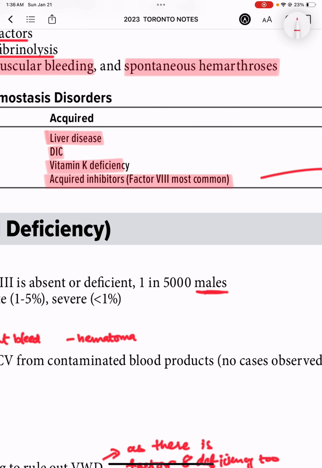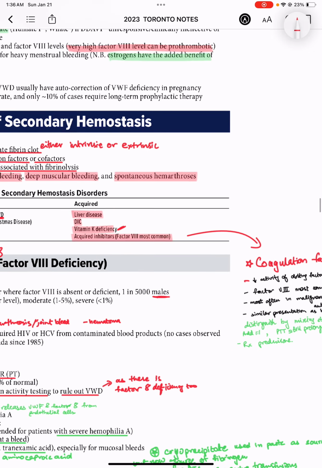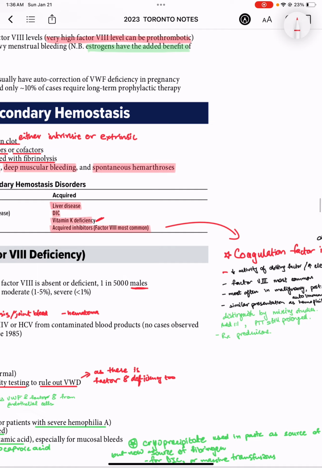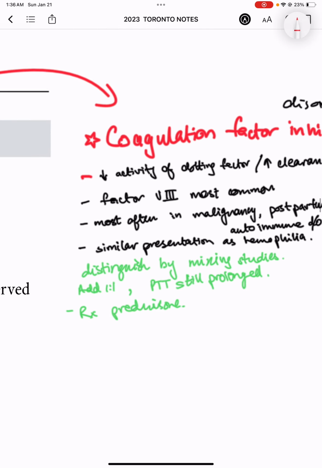It is usually present in neonates too, because they have a very sterile GI tract, and there should be bacteria for proper vitamin K production. But these are acquired: liver disease and DIC. DIC has some primary component as well as a secondary component, and so does vitamin K deficiency, but it is properly secondary.